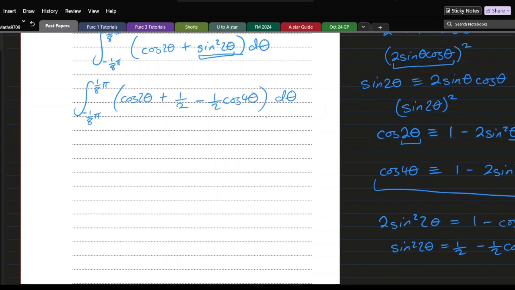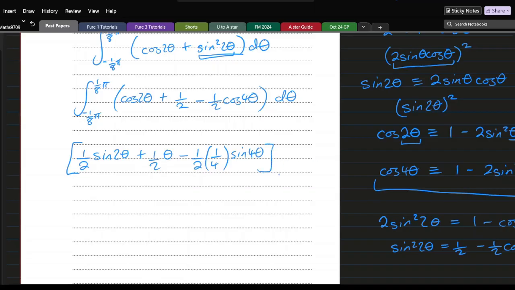And now we can finally integrate. So if you integrate cos 2 theta, you're going to get 1 over 2 sine 2 theta plus, if you integrate a half, you're going to get half theta minus, that's half. If you integrate cos 4 theta, you get 1 over 4 sine 4 theta.